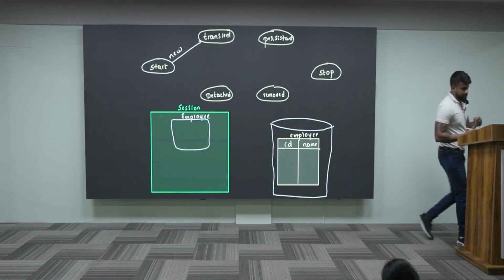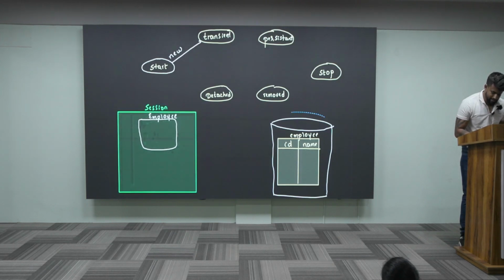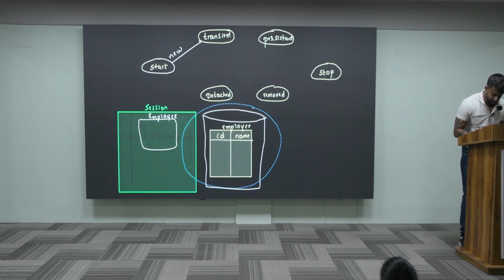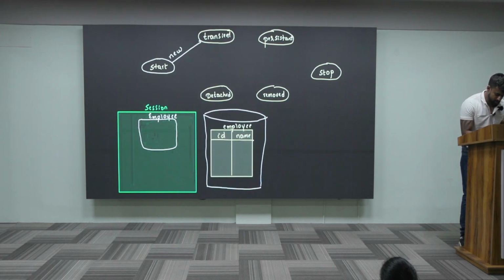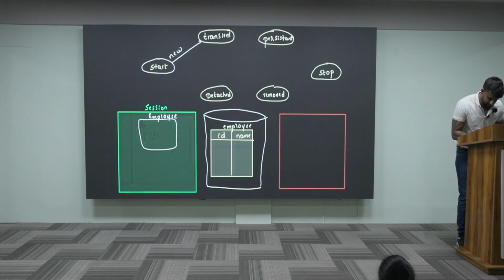You'll get more clarity when I get one table for you. Let me get that also now. So what I will do is get one table here like this. This is how the table is present. Let it have three columns.